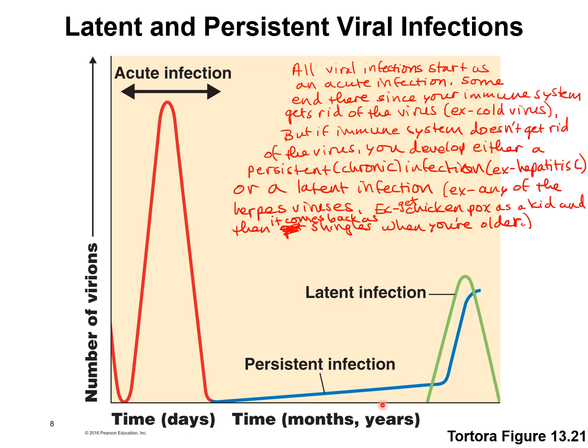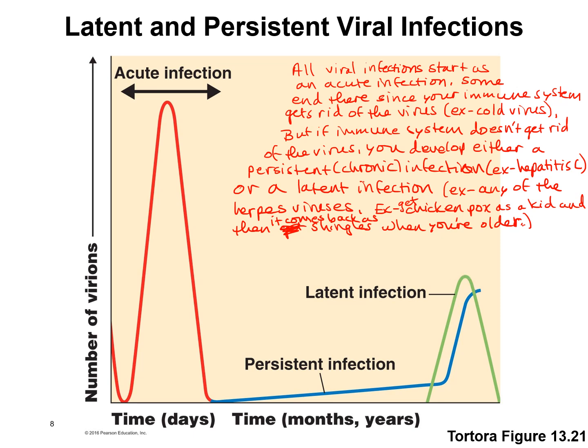The virus just goes dormant. You don't detect any of the virus at all. And then here in green, maybe later on in life, you're stressed or your immune system goes down for whatever reason, and the herpes virus will come back out and reinfect the skin cells and cause shingles. So that's a latent or hidden infection.